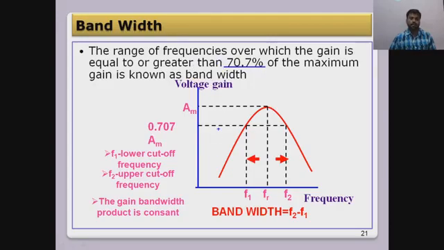See, if you observe the frequency response of an amplifier here, 70.7%, or 0.707, of the maximum gain is considered for the bandwidth. Here it gives the bandwidth. So that is a range of frequencies, that is, between f2 and f1.